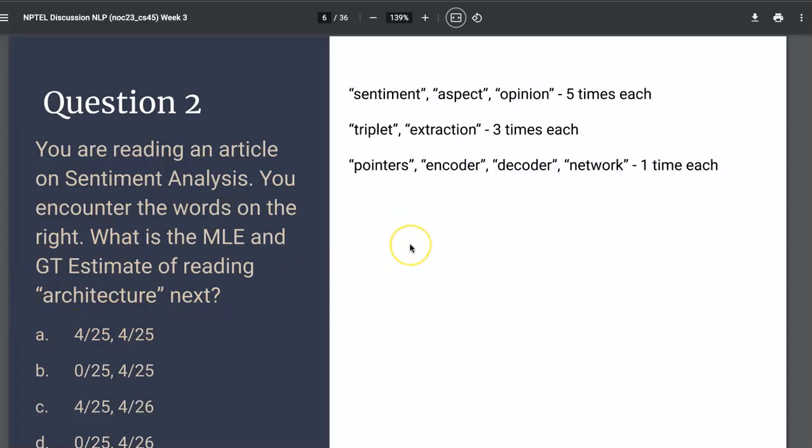Before going to the question, we need to understand what MLE is. Just to recap, MLE is the maximum likelihood estimate. What is the maximum likelihood estimate of a word?